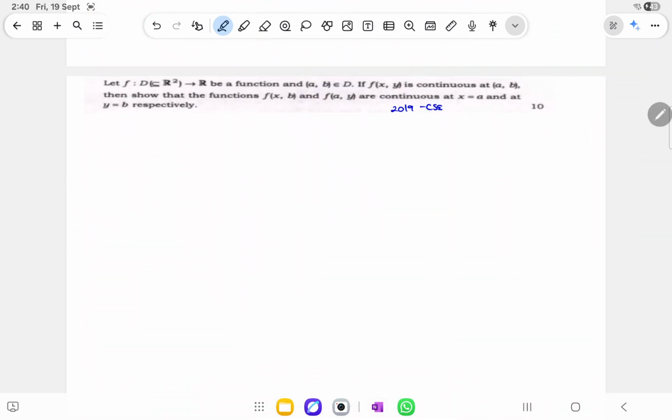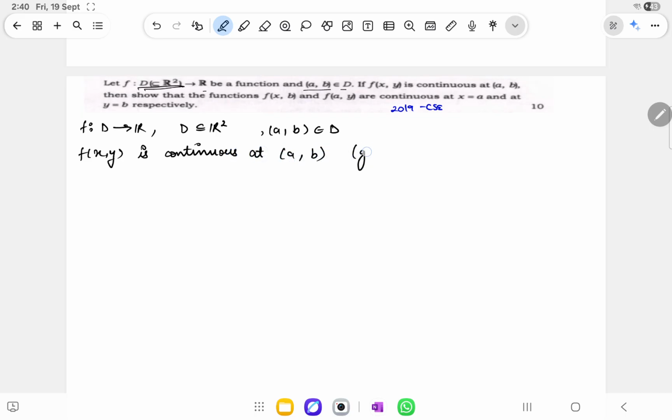The next question says that f is a function from D, which is a subset of R square, to R, and (a, b) belongs to D, that is, (a, b) is a point inside the subset D, and it is given that f(x, y) is continuous at (a, b).